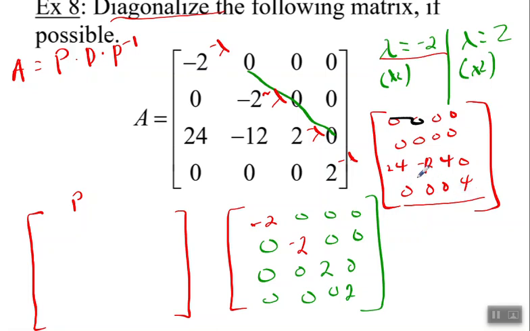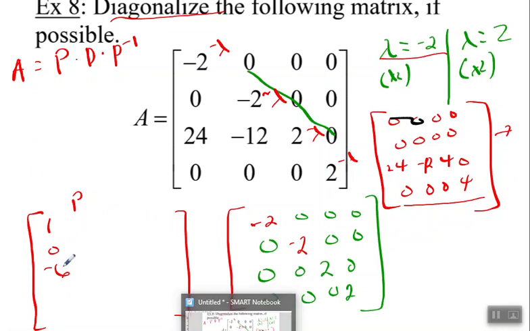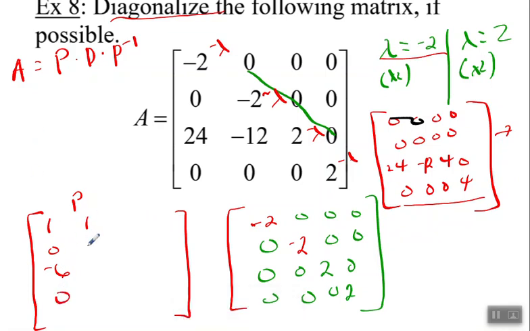And we're going to have 2 free variables. And the way this looks when you throw this into the calculator and row reduce it, you are going to have a 1, 0, -6, 0, and you're going to have a 1, 2, 0, 0.